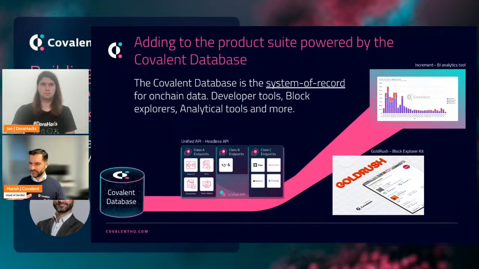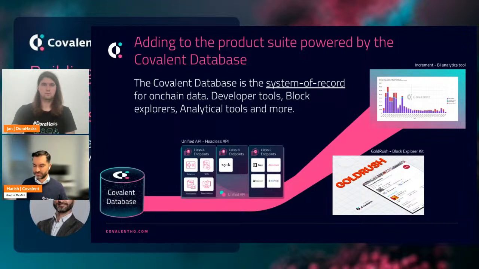So where it fits in, again, I kind of alluded to this at the beginning. We started as a unified API provider on top of our index data, which is the database. And so what we're building out are these additional products with the bedrock being the Covalent database. So we've got GoldRush. We've got Increment BI. Many of you are probably familiar with various BI tools, or in the Web3 space, tools like Dune Analytics.